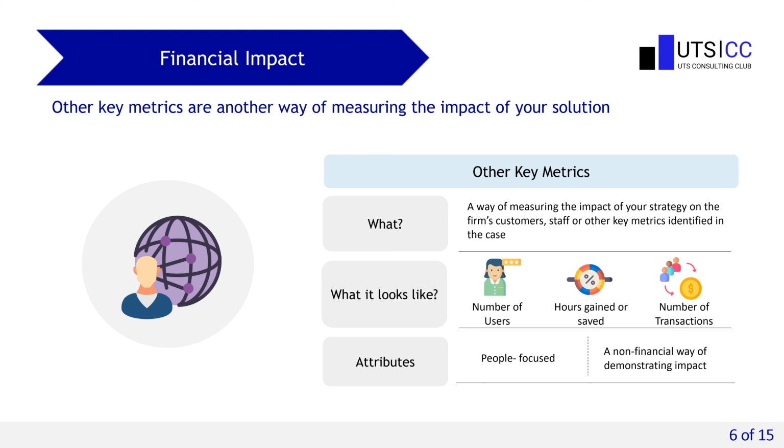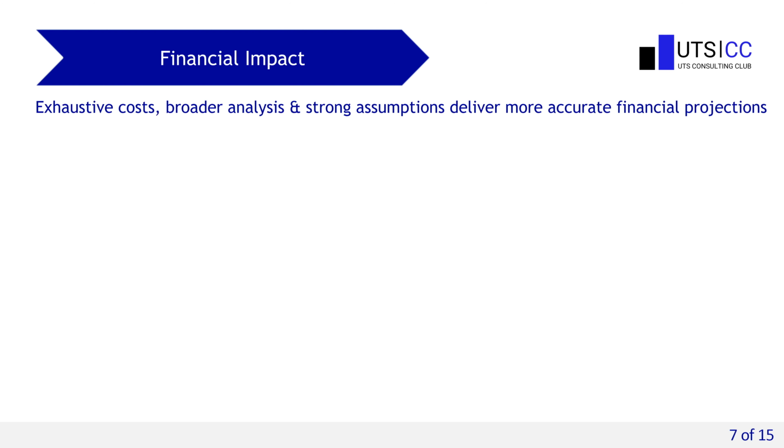These are just a few examples. You would use other key metrics to measure your impact when the case focuses on the impact on people or identifies particular non-financial impacts.